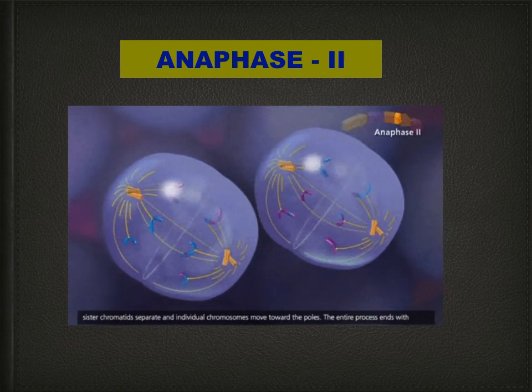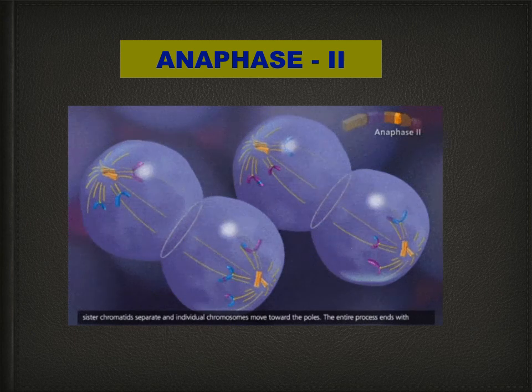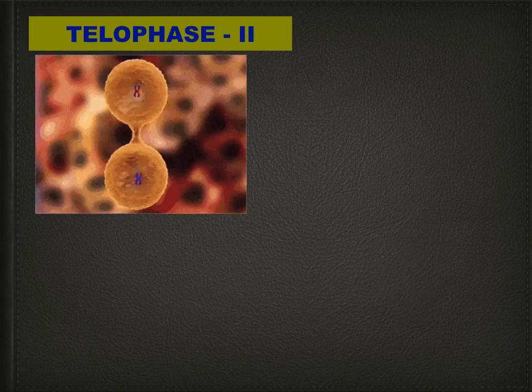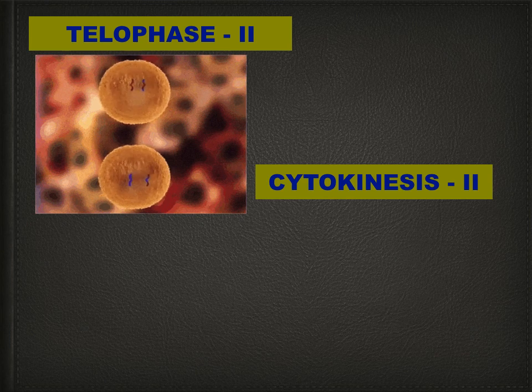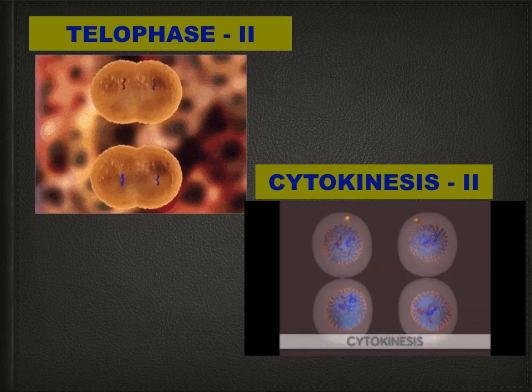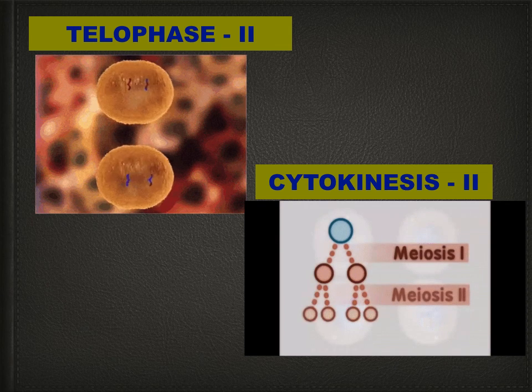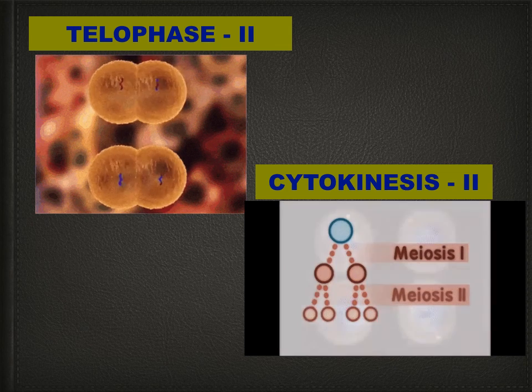As chromosomes separate completely into two sets, you can see that the two cells have simultaneously undergone meiosis 2, so we get four haploid cells at the end and are called gametes.